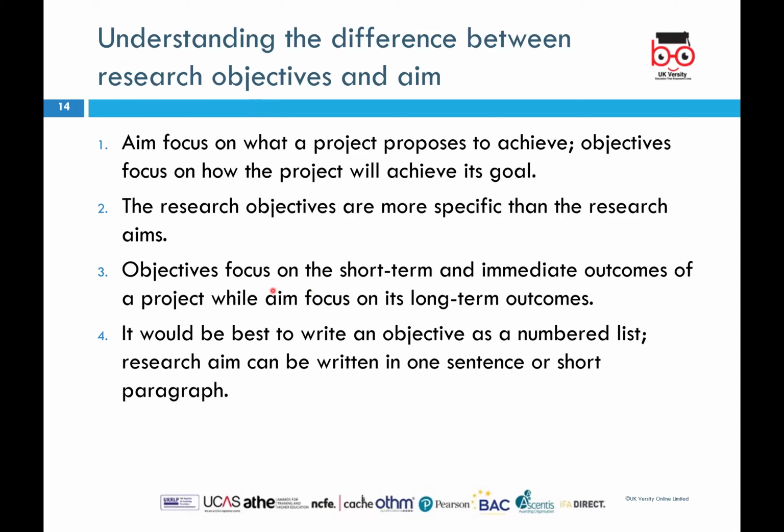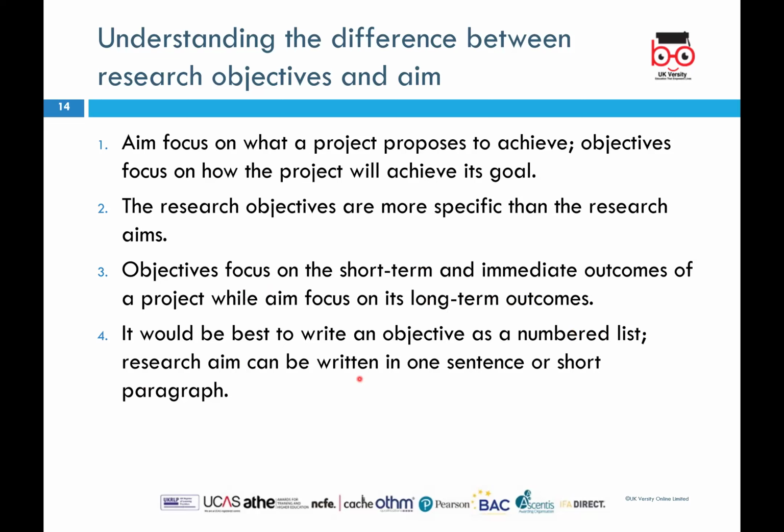So research aim is more generic, whereas the objectives are more specific. So that is why they're SMART objectives. Objectives focus on short-term and immediate outcomes, while the aim is a longer-term outcome. It would be best to write an objective as numbered in your list. Research aim can be written in 1 sentence or short paragraph.